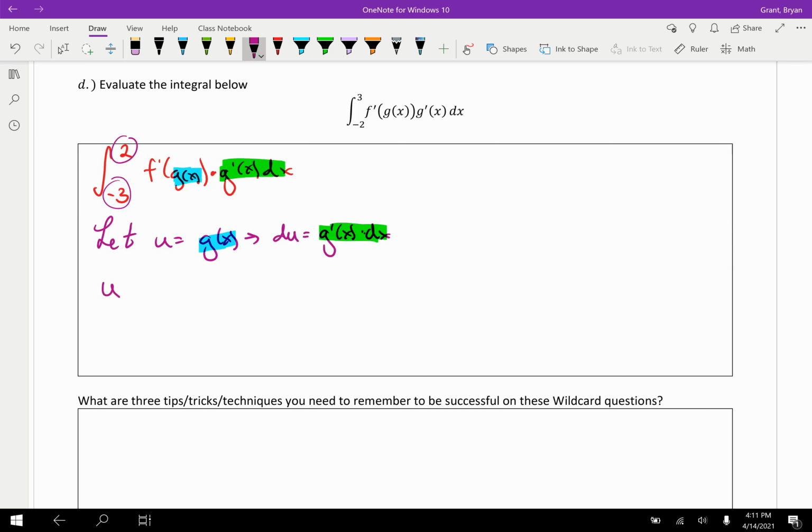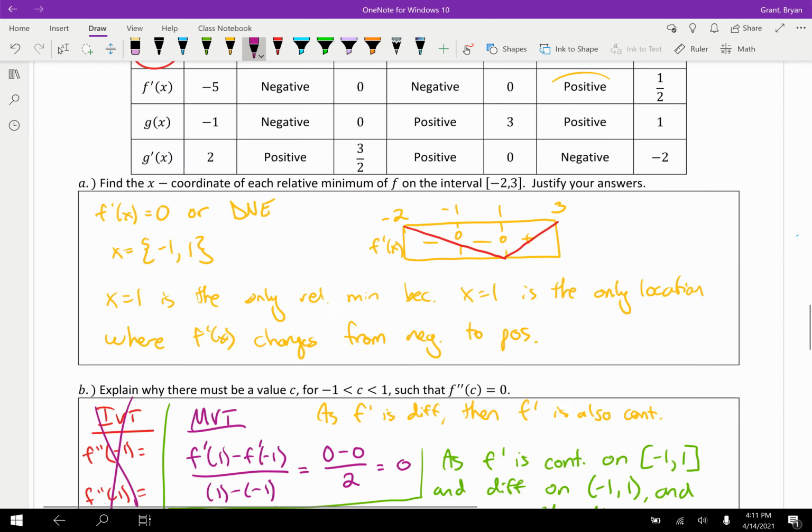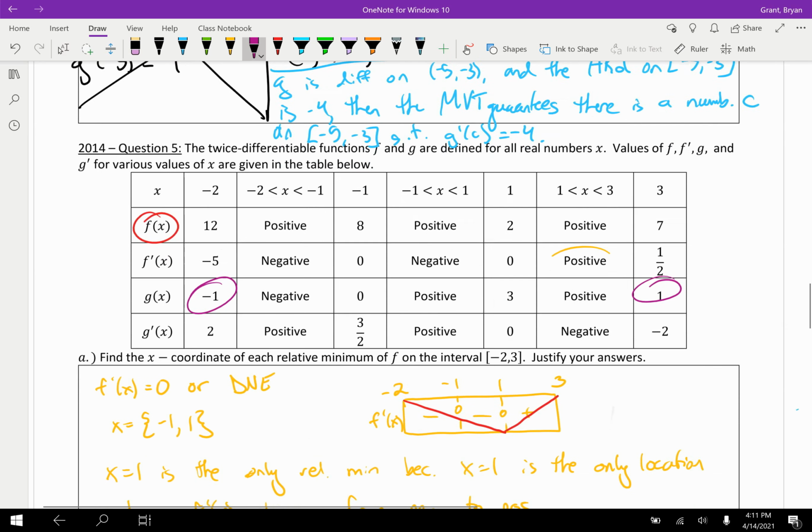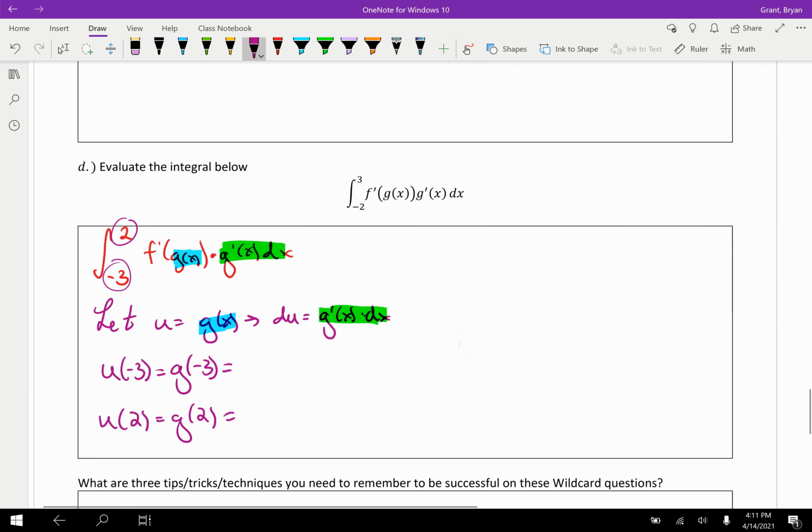In particular, if u is g of x, then I wanted to change that -3. That's found by doing g of -3. Same thing, u of 2 is g of 2. So -3 and 2 for g. -2 and 3. So -2 became -1 and 3 became 1.